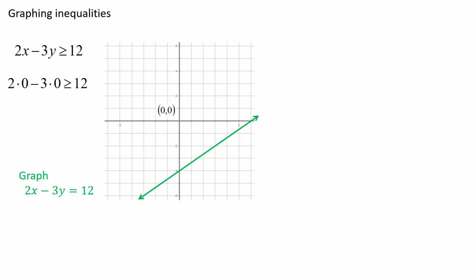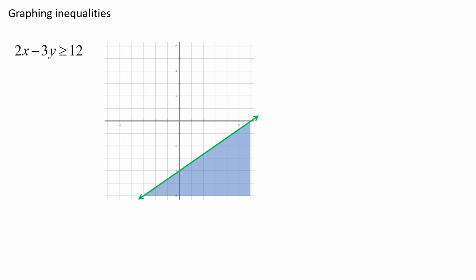It happens to be my favorite ordered pair to try. But I'm going to plug that in, do the PEMDAS, and oh, look, we get a false statement. 0 is not greater than or equal to 12. And so we know that the origin, or 0, 0, is a false point. That must mean all the other points on the other side of the line are the true points. And that's a quick way to find it by just testing one.